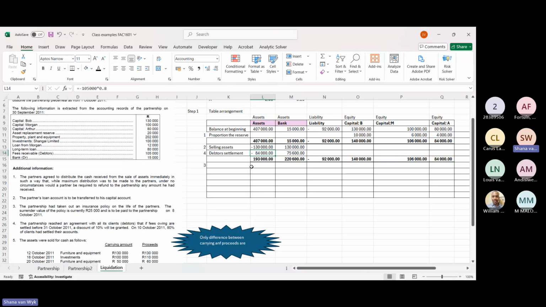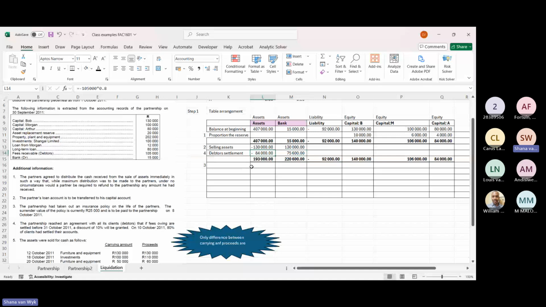No, it's not with bank. So what you're saying is we should make this one on the asset side the same as the bank, what we actually received? No, I actually think there is a difference between the actual cash receipt and the gross debtors, but I'm not too sure about that one. Yeah, that's a good question.